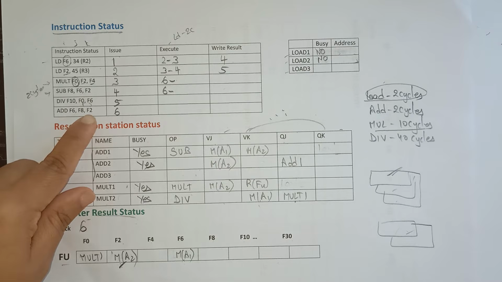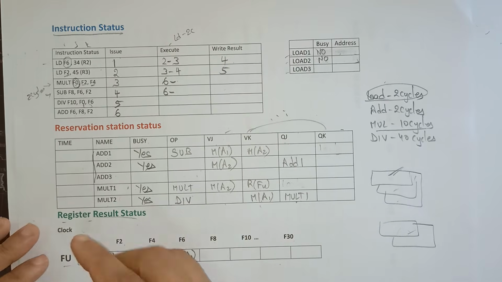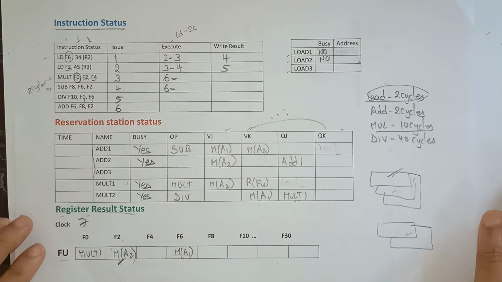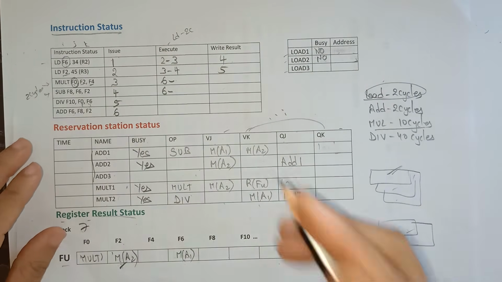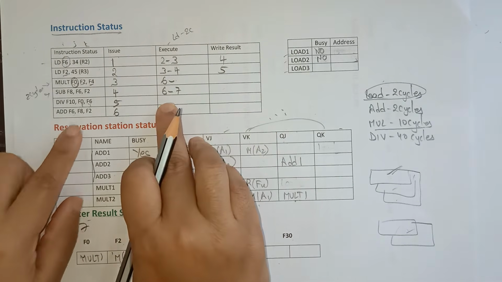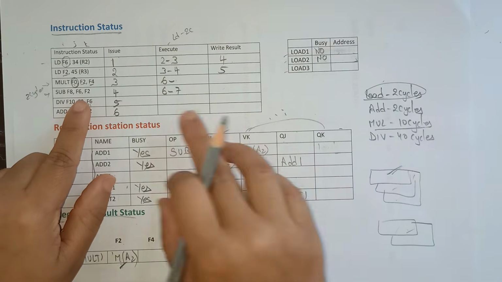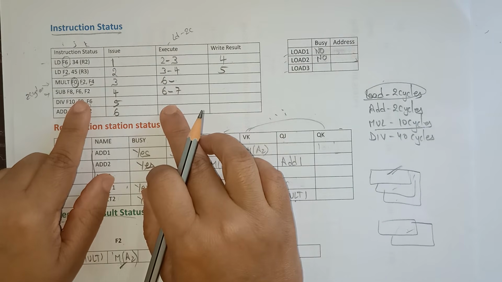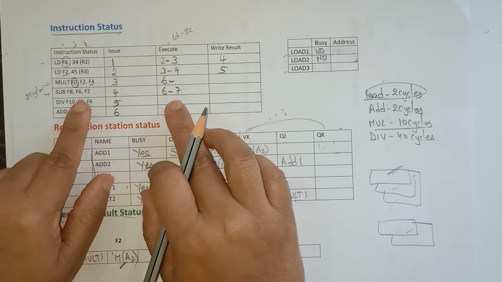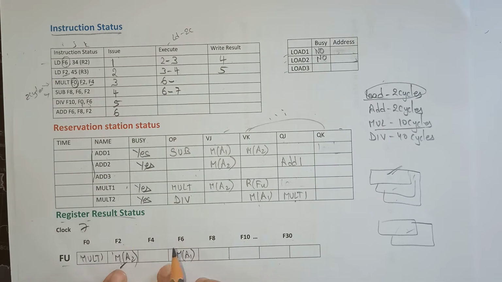Then what happens in the 7th clock cycle? In the 7th clock cycle, subtraction completes its execution, because subtraction takes only 2 clock cycles according to the question. So even though it is completed, all the remaining process will be the same.